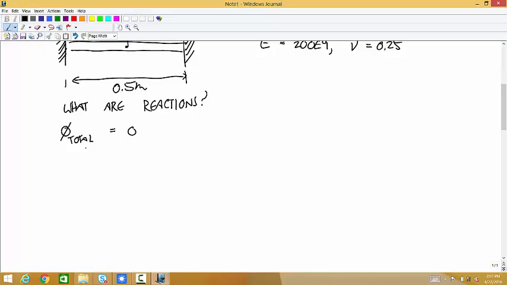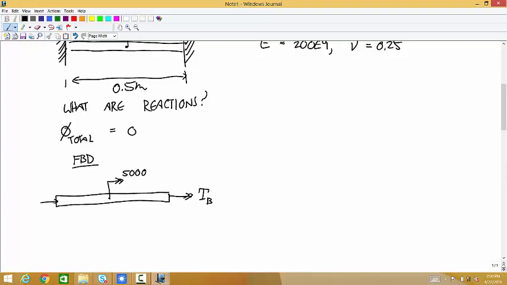So how do we know it's statically indeterminate? Well, first we just have to do the statics and see what we have. So we have this applied external torque of 5,000 Newton meters. And then over here, I'll call this torque at B, and I'll call this the torque at A. We can leave off any other reactions because there's nothing going on except couples in the x direction. Here's the orientation I'm going to use.